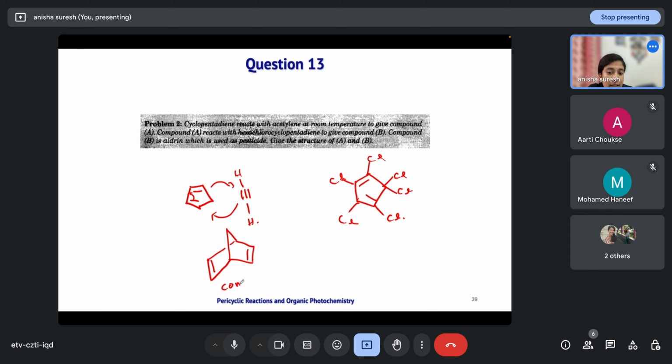So this is compound A. Now this compound will react with this compound and result in the formation of compound B. What is the structure of compound B?